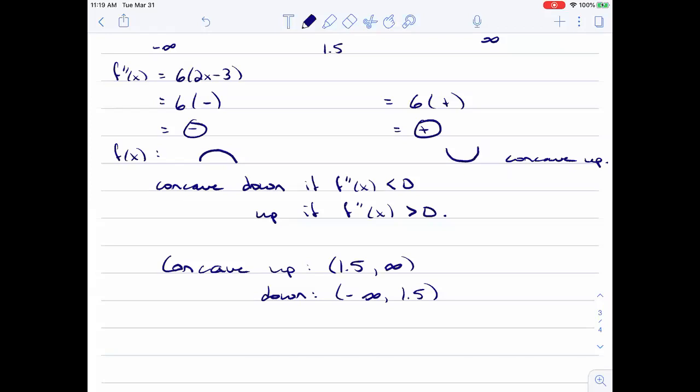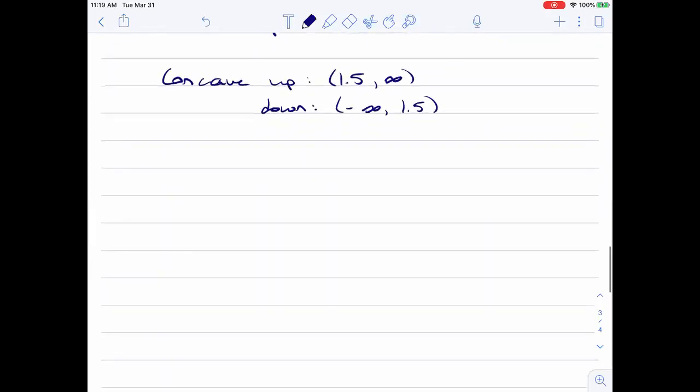If we're switching, at 1.5 it goes from concave down to concave up. So at this point, 1.5, this is an inflection point. It's an inflection point when it switches from being concave down to concave up, or vice versa.